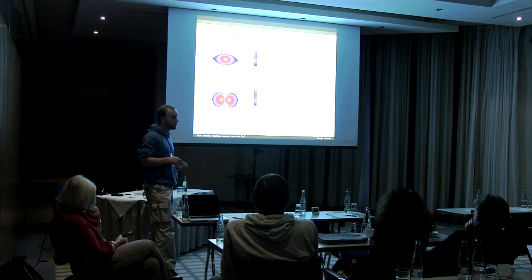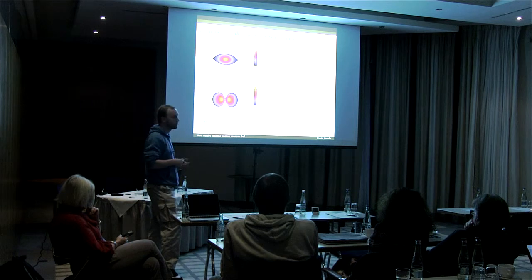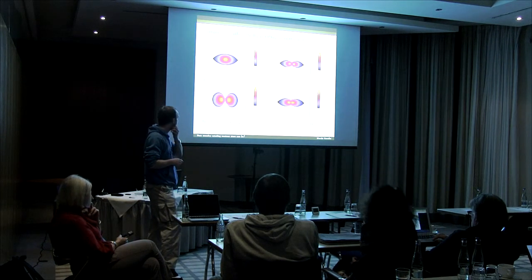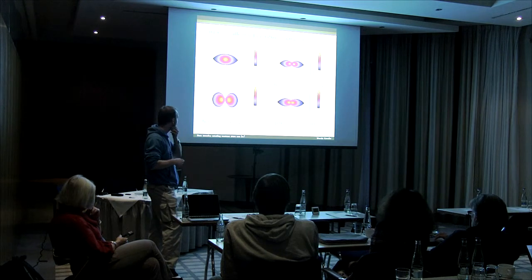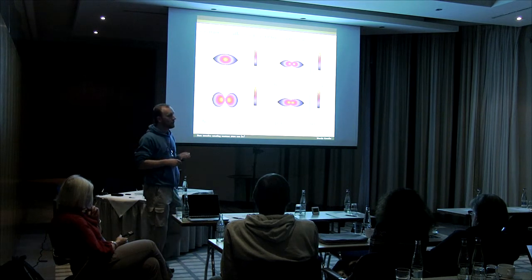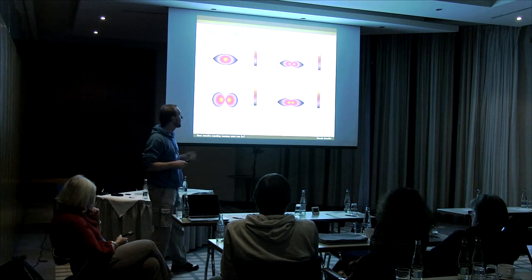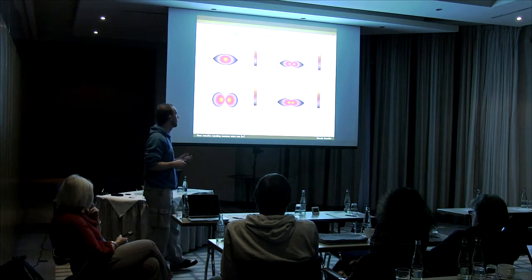And what we have also noticed is that, besides these two types, we have two additional types of configurations. We call them type B and type D. First, a very important thing: they exist only due to differential rotation.